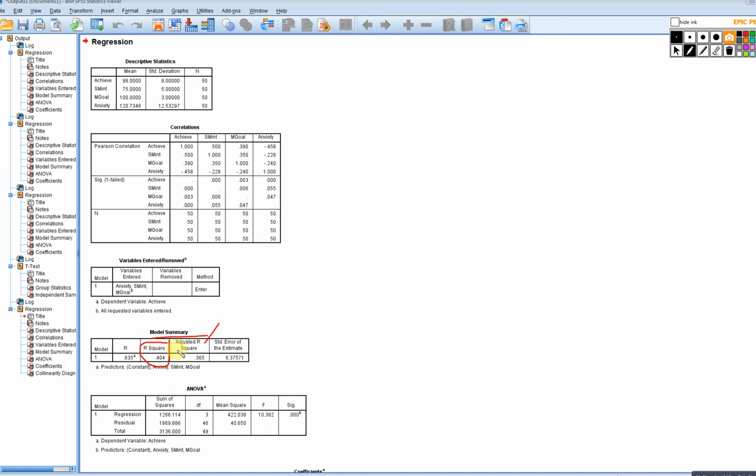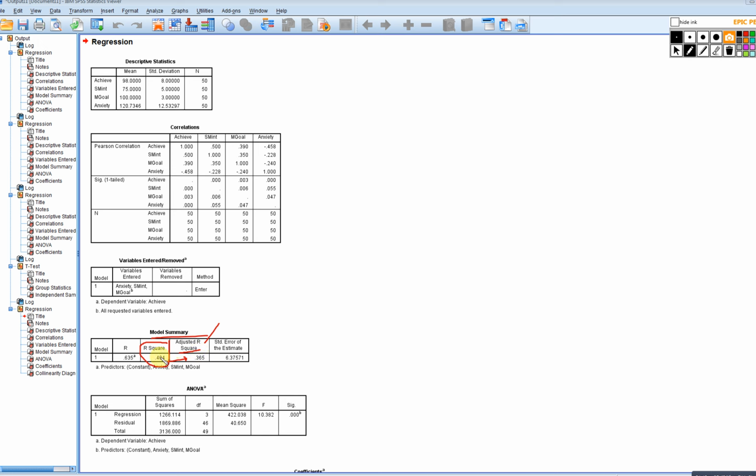So we have an index called adjusted R-square, which, no big surprise, represents an adjustment to the R-square. It adjusts the R-square value based on the number of predictors and the sample size associated with your data.